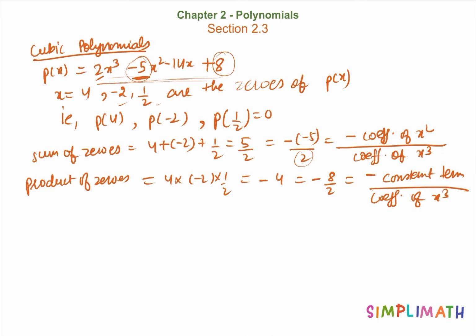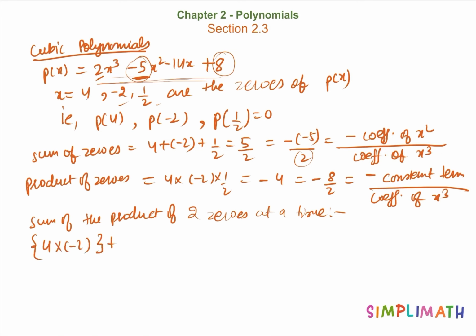Okay, there is one more thing to note over here, that is the sum of the product of two zeros at a time, that is 4 into minus 2 plus minus 2 into half plus 4 into half, right?